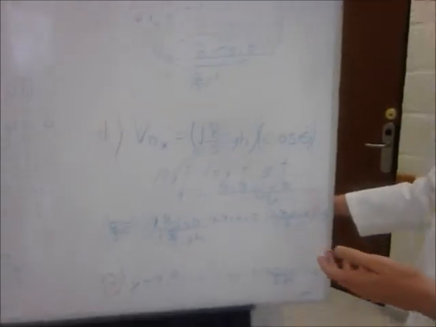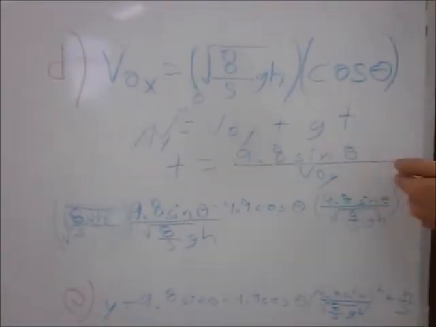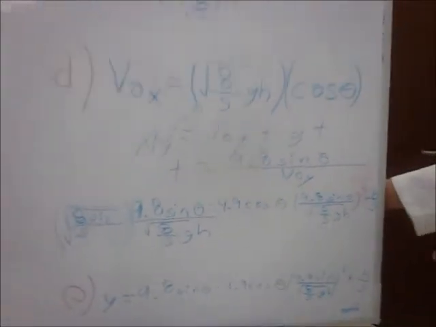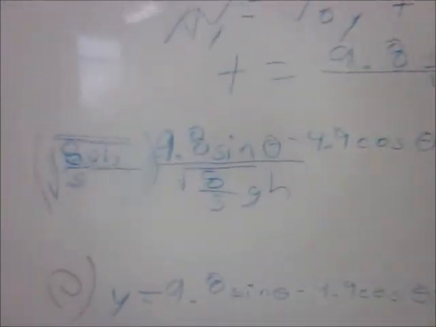Then to get the y max, we have to substitute t in this formula, and the t we got is this. So y max is equal to this formula.